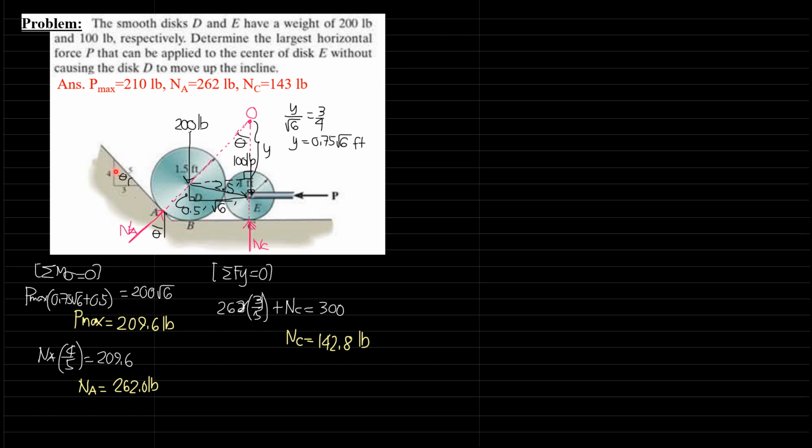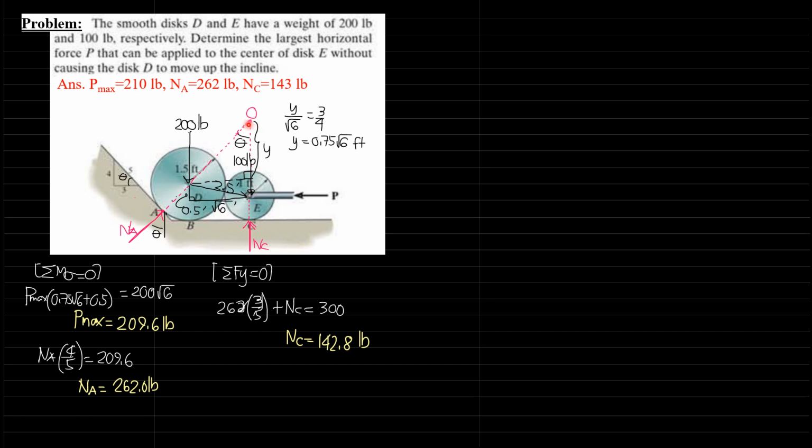In this given slope, adjacent of theta is 3 and opposite is 4. So solving for Y, it is 3/4 or 0.75 square root of 6 feet. So having found Y, the moment arm of P is Y plus 0.5.